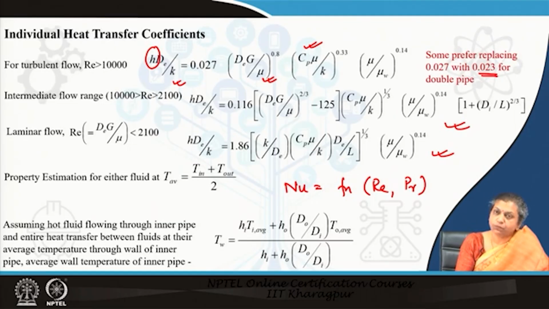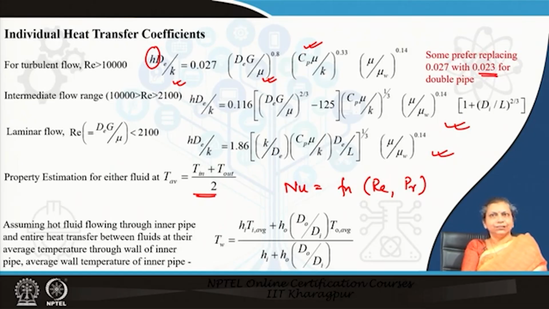Remember one thing, for both the inner and the outer fluid, the properties should be evaluated at the average temperature, which is nothing but T in plus T out divided by 2. Now, there is one other thing also which I would like to mention. Suppose it happens that the wall temperature is much different from the bulk temperature.